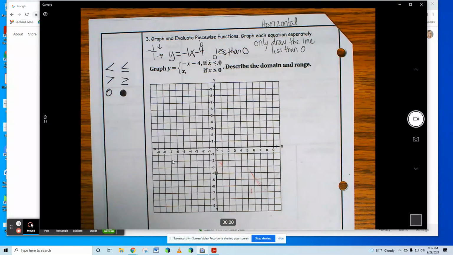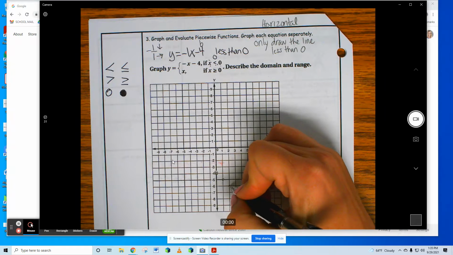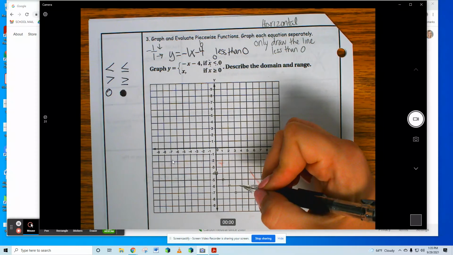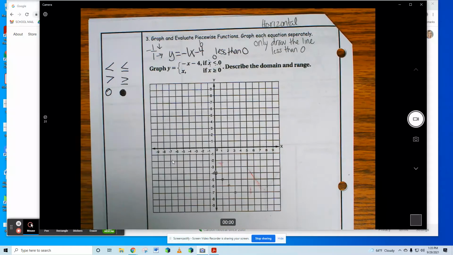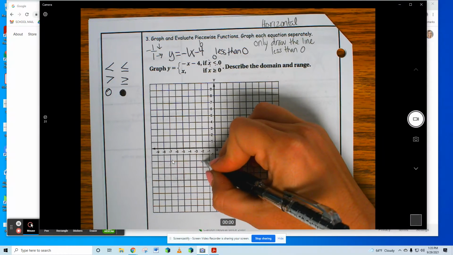Make a dot. Then rise negative 1, run negative 1. Down 1 over 1. Okay. The reason that you need a pencil is because I'm gonna go backwards. Up 1, left 1, up 1, left 1.